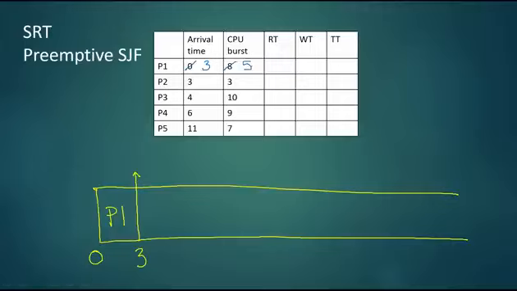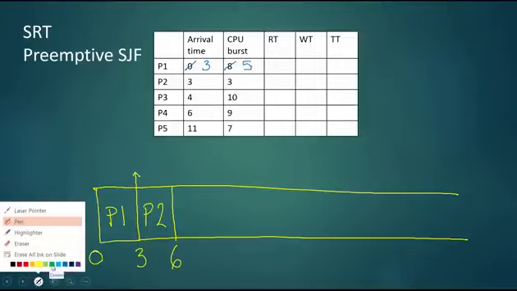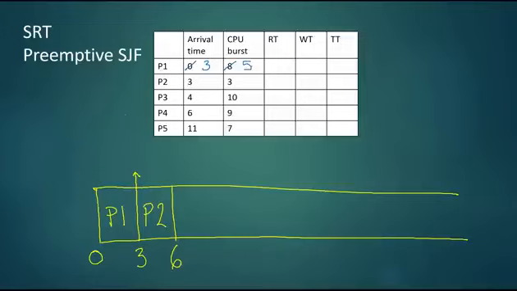So P2 has the shorter remaining time. So P2 will go next, and P2 is the shortest one here, so it will not get preempted. So P2 will go until time 6. And now the current time is 6, so P2 is done, and we need to make a determination on who goes next.